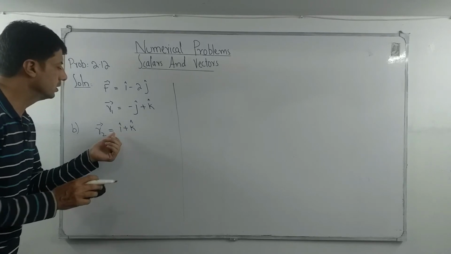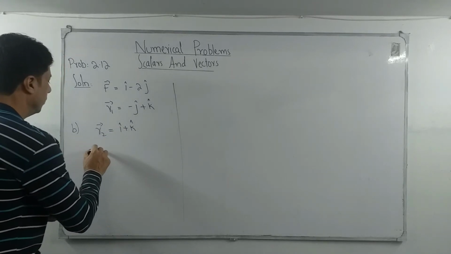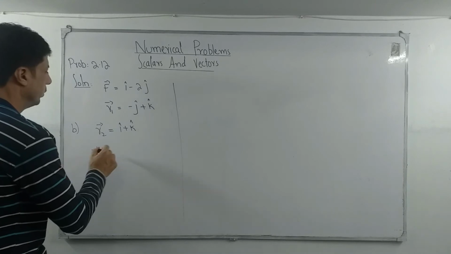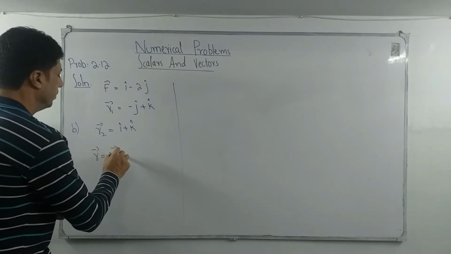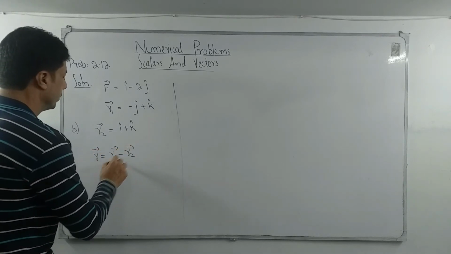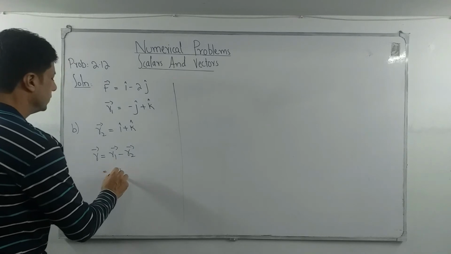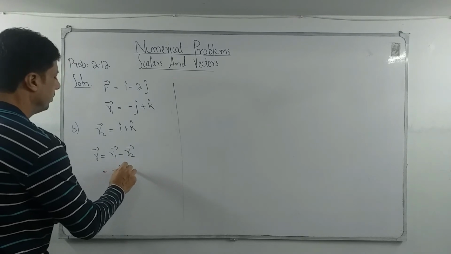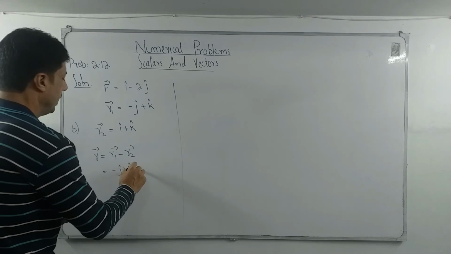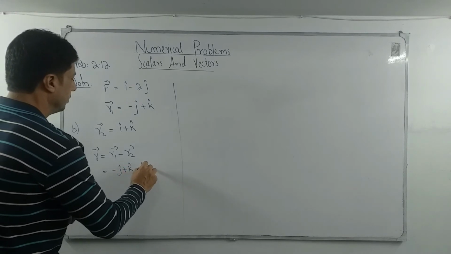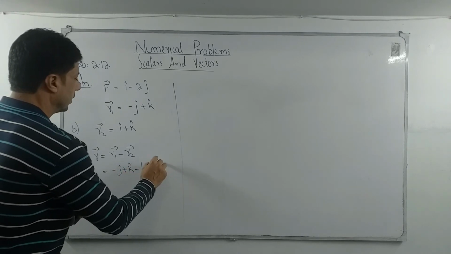Therefore, the resultant moment arm or the position vector will become R1 minus R2.